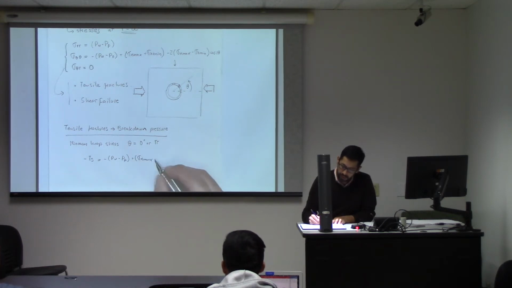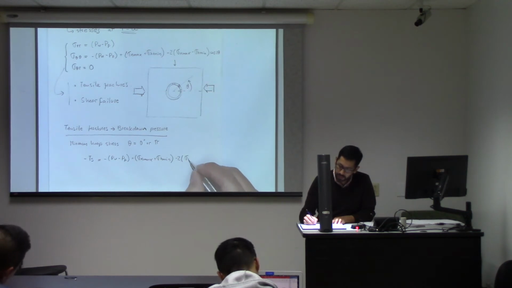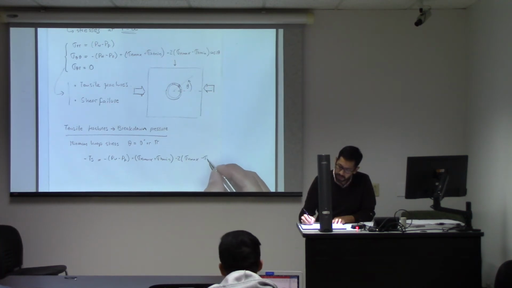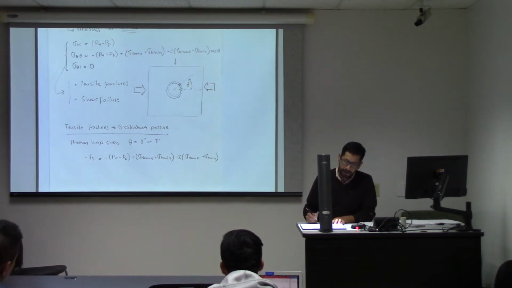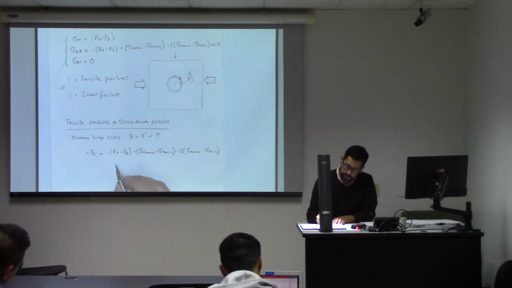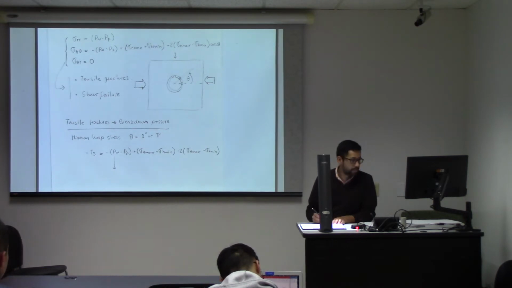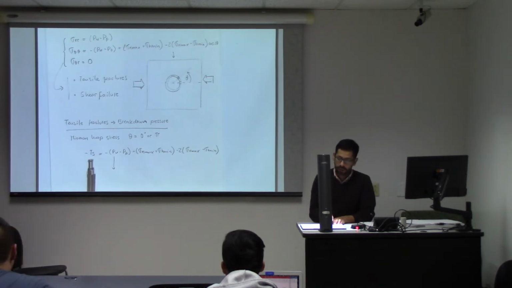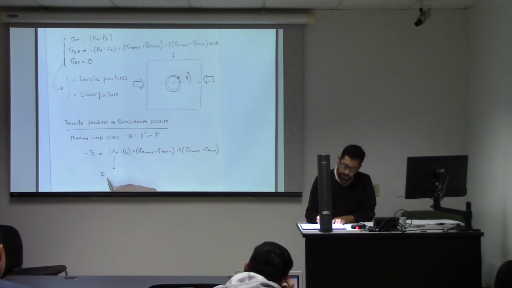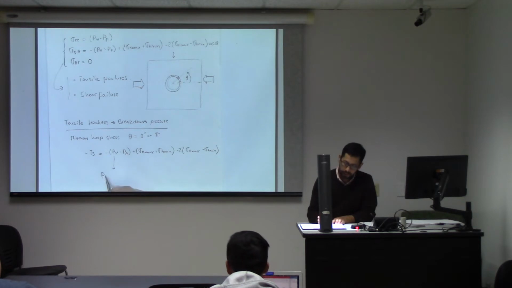Here, this is the same. And now, since this is equal to 1, this is just going to be minus 2 sigma h max minus sigma h min. And our objective is going to be to calculate that pressure of the wellbore that causes the rock to get to tensile failure. And we're going to call that PW. We're going to call it PV. And this one is usually called a breakdown pressure.